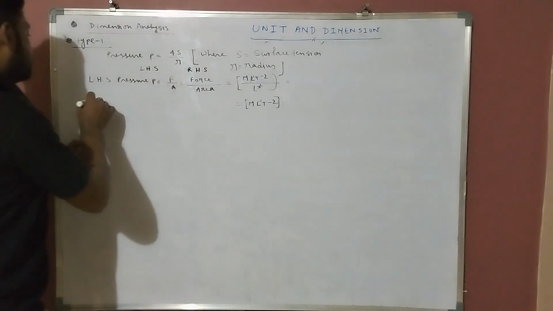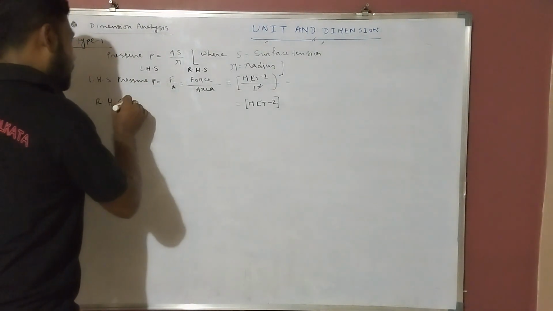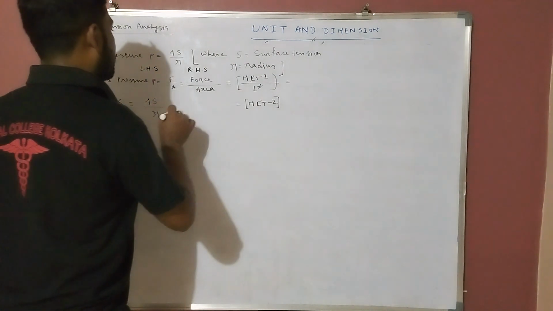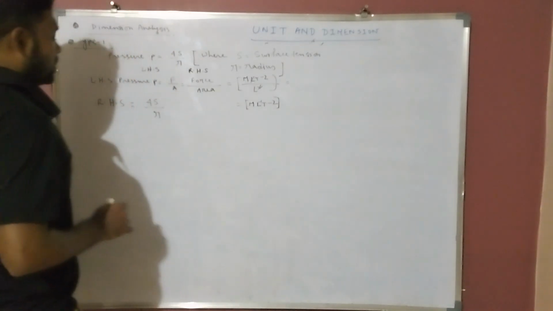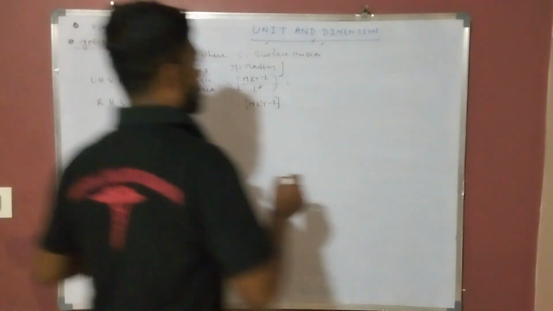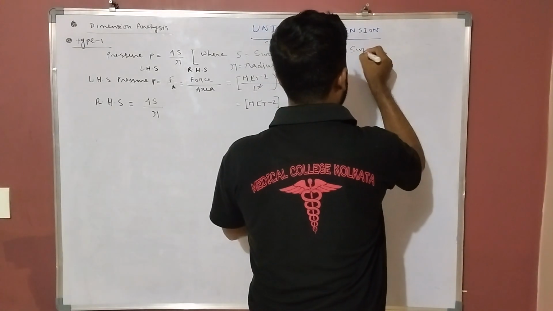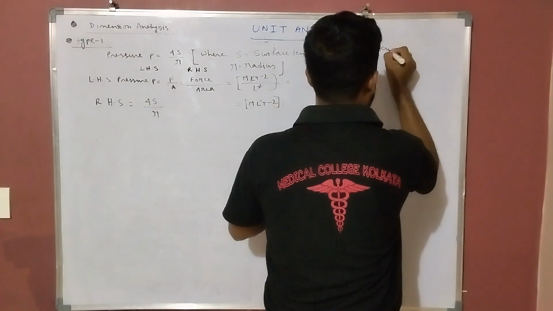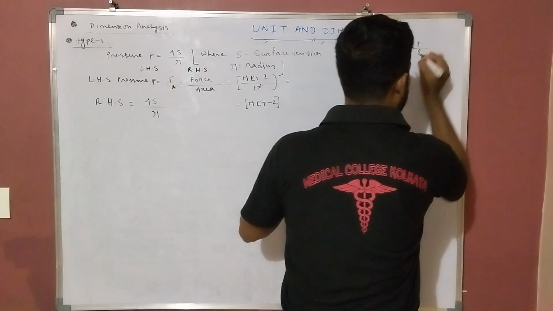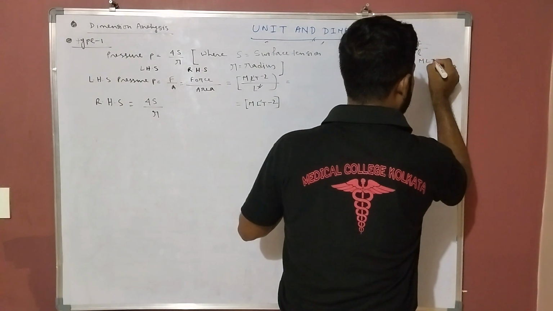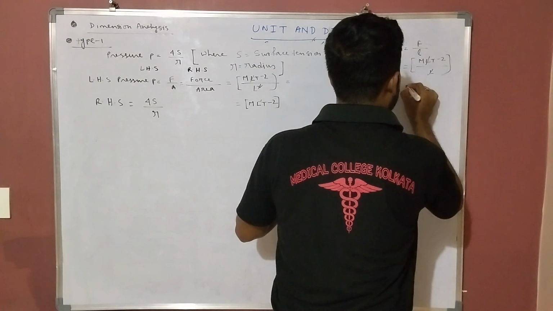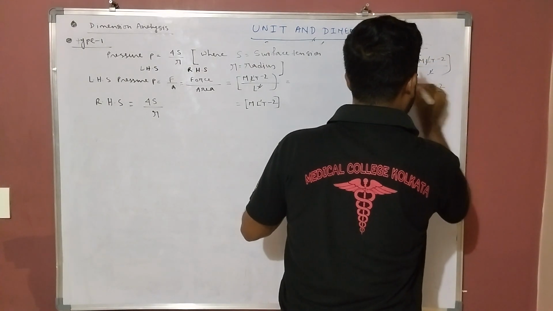Now right hand side, 4S divided by R. S is surface tension. So what is the dimension of surface tension S? We know surface tension is equal to force by length. Force is MLT to the power minus 2, length L, so MT to the power minus 2.